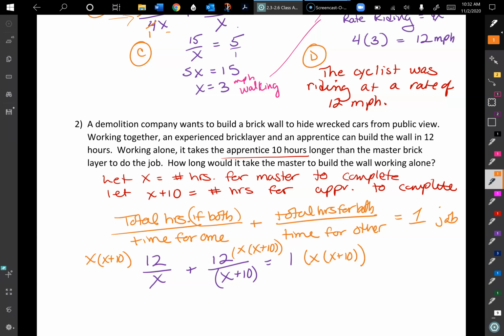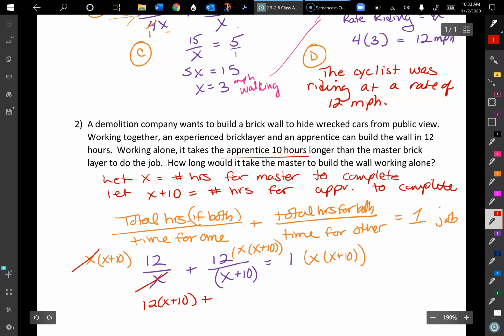So now I can look at reducing. I'm going to have the x's reduce out there and leave me with 12 times x plus 10. And now I have the x plus 10s on this term. The second term is going to be reduced, and that'll leave me with just 12x, and then equals x times x plus 10.